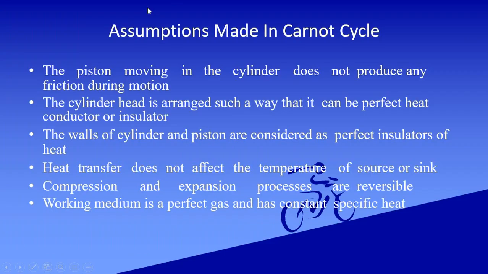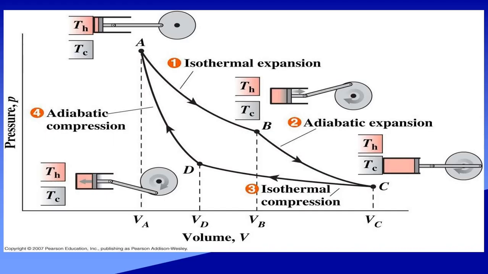The cylinder head is arranged in such a way that it can be a perfect conductor or an insulator. So this is the cylinder head, and it can be a perfect conductor or otherwise an insulator. Conductor means it acts as the source and insulator means it acts as the sink.